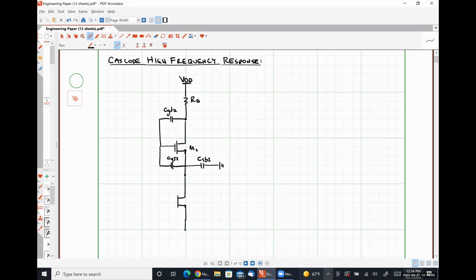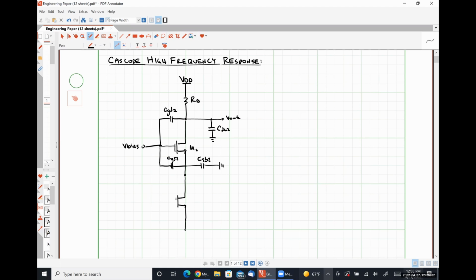And then from the drain to the bulk, we will also have our capacitance CDB2. And then here is where our output voltage is taken at the drain terminal of transistor M2. The gate terminal of M2, if you recall, is at some DC bias voltage, which will look like an AC ground. We'll get to that momentarily.